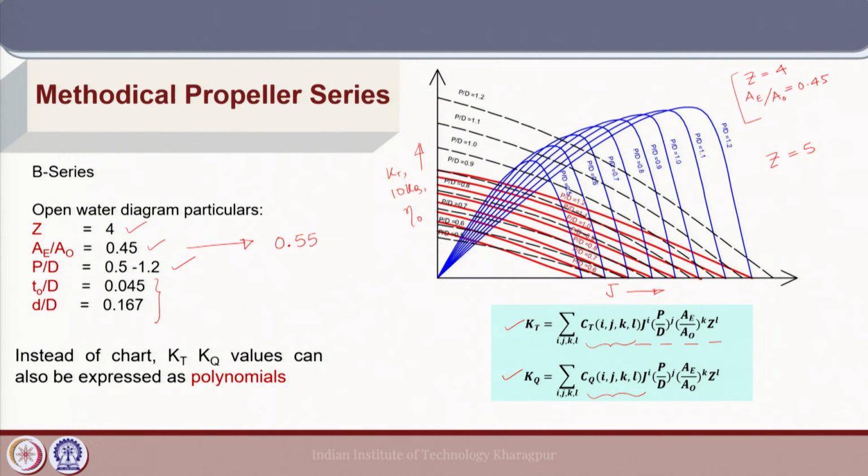So, for a specific set, these coefficients are calculated based on regression analysis of all the experimental data for kT and kq for these change of parameters for specific designs. So, these B series open water diagrams can be represented using these polynomial expressions for kT and kq, which can be used in propeller design.